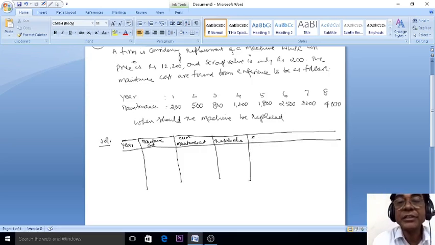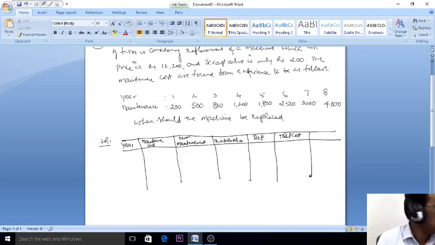Next, depreciation. Next, total cost. Next, average cost per annum.